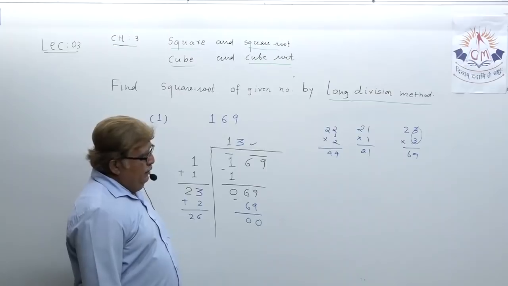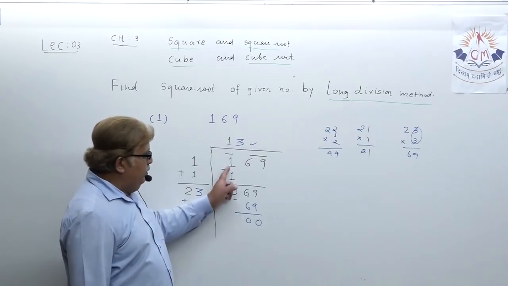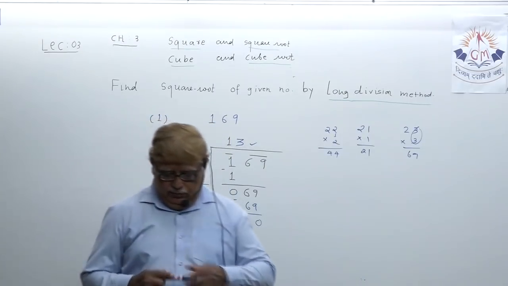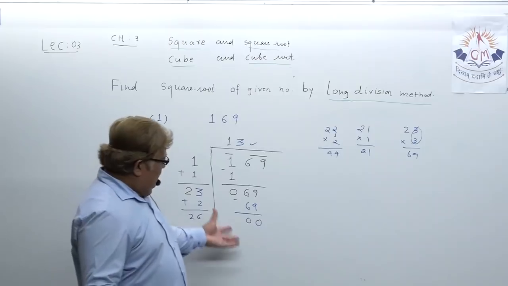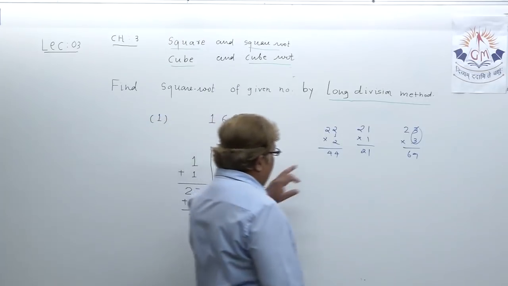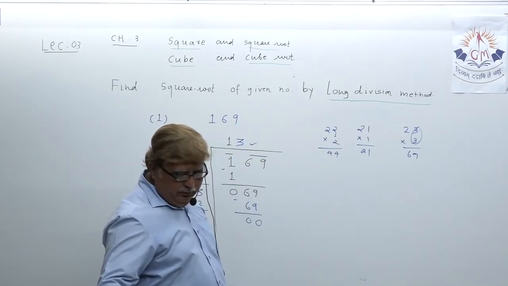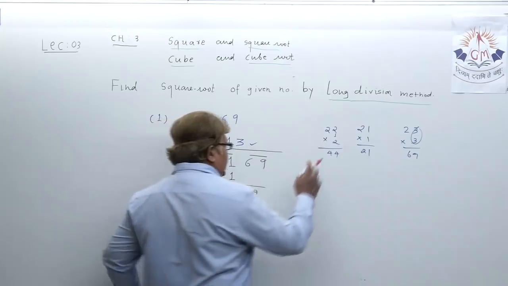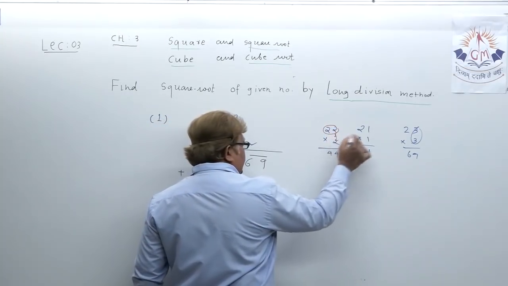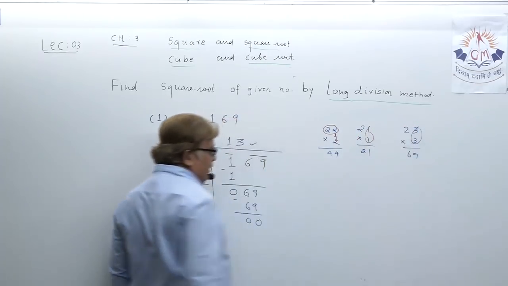Before this, I still want to take 2 or 3 examples of 3-digit numbers only, but before that, a little pause. When you understood this, you have to think of a number and multiply with the same. Think here, 2, then this number multiplied by 2, 1 multiplied by 1, 3 multiplied by 3.